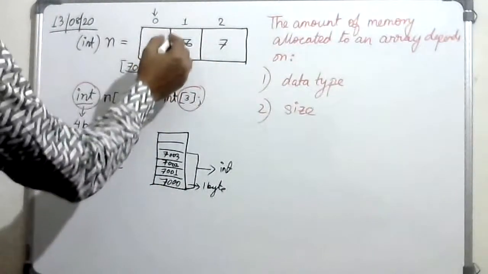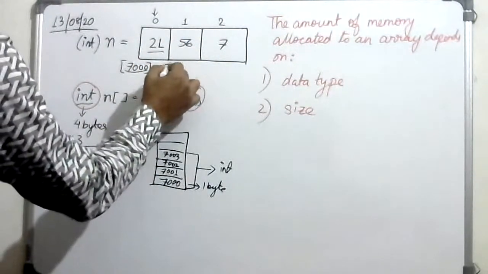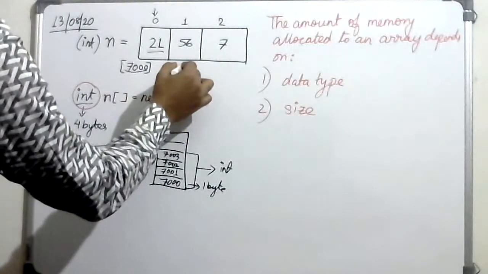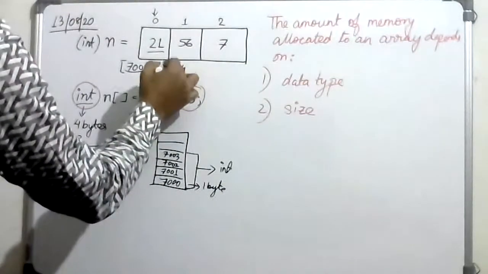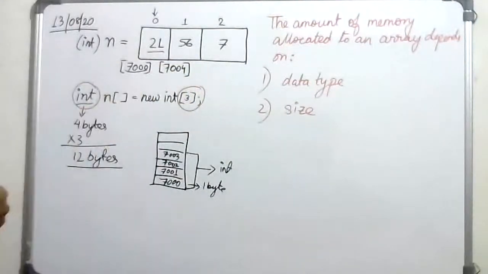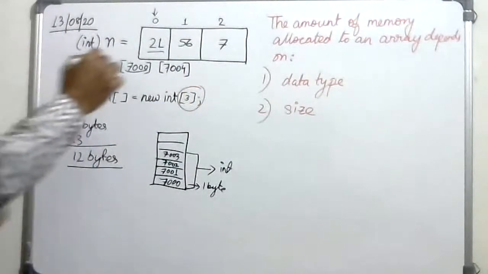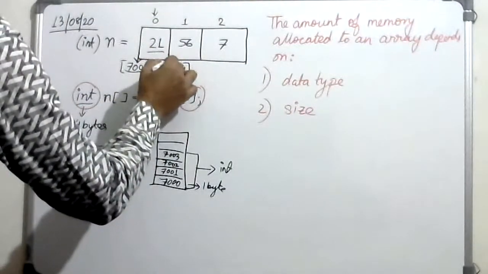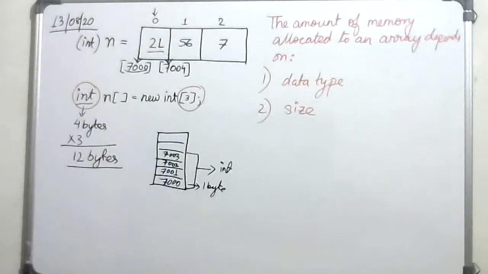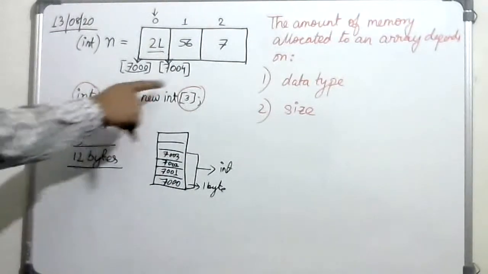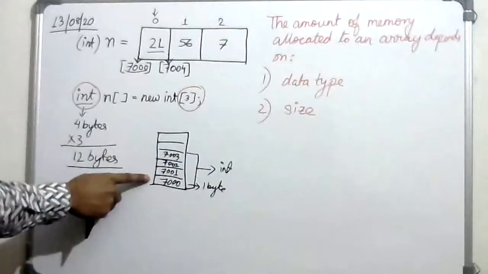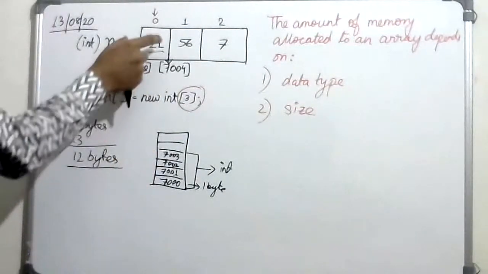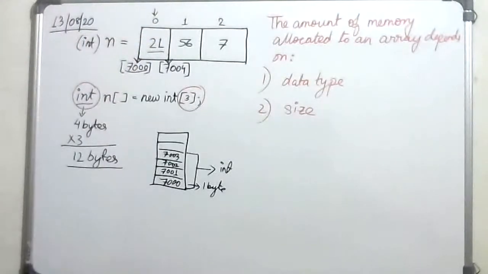So the second array value starts at location 7004. This is the starting location of this particular element. The second element of the array starts at 7004 because from 7000 up till 7003 is the first integer value that is stored.